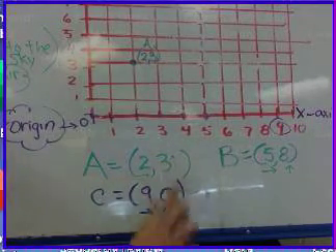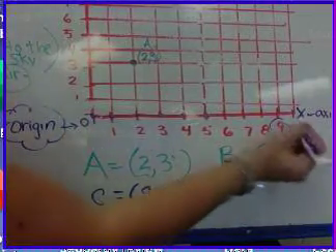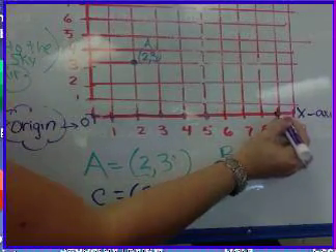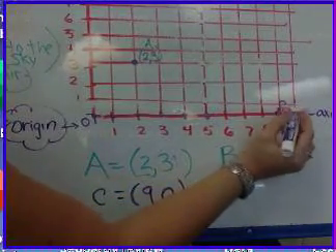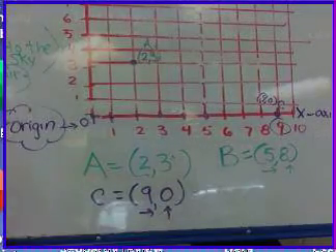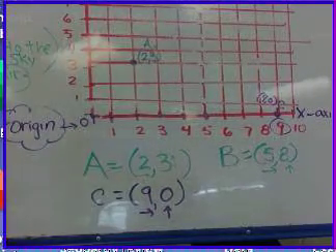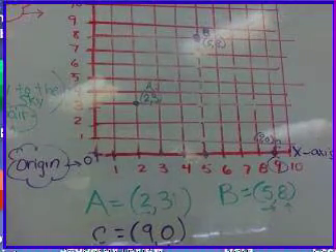Now it says I go up 0, which means that you don't go up at all. So 9, 0 would actually be right here. And that's point C, and it would be 9, 0 are your coordinate pairs. You label it on the graph just like that, and you can see all of my coordinate pairs.